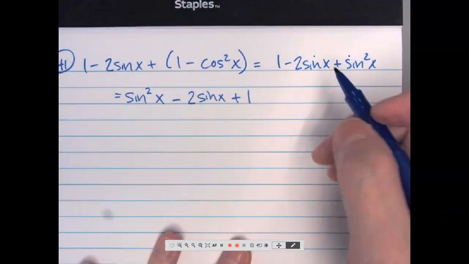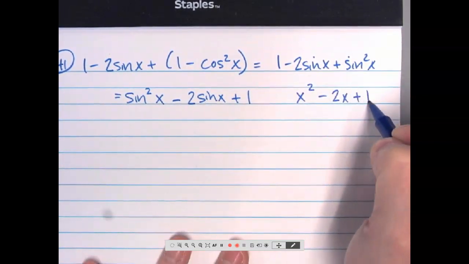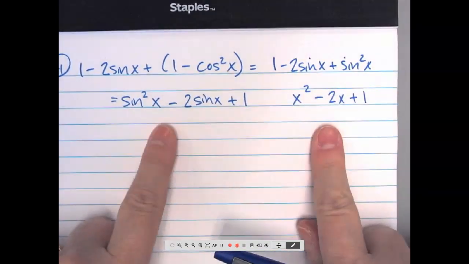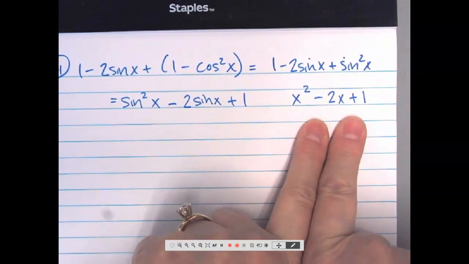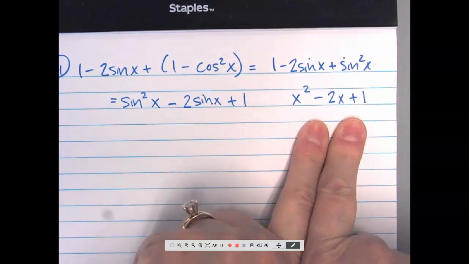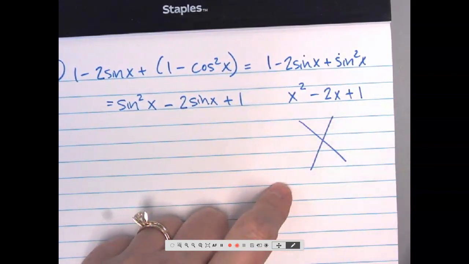Now, if I gave you x squared minus 2x plus 1, do you see how those are similar? Okay, so what can I do with this? Hint, hint, factor. Okay, you could do this, right?